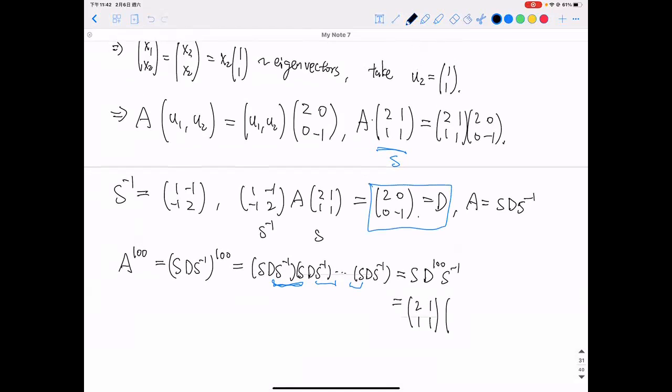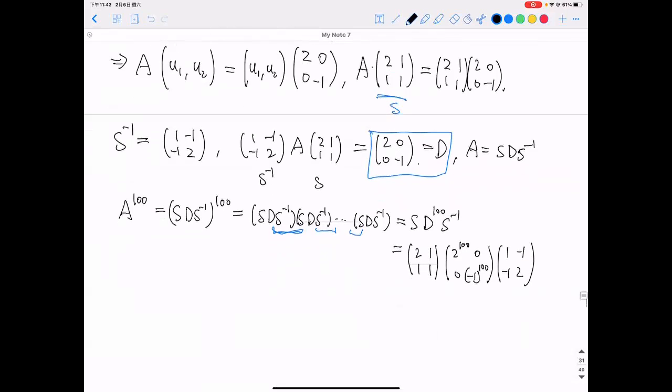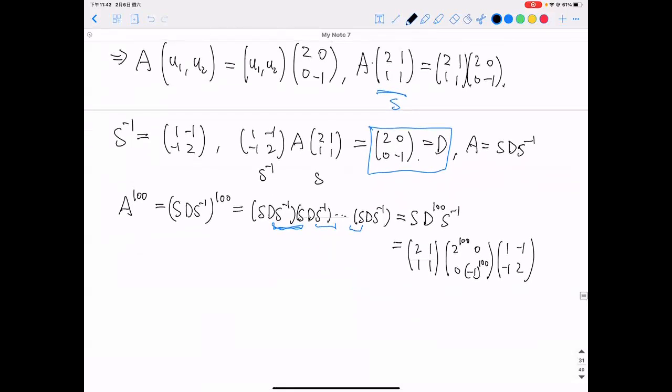Now, if you multiply D 100 times, what happens is you're just multiplying the diagonal entries 100 times. So you end up getting A to the 100th power to be this, and this is not very difficult to expand. We will not do it.